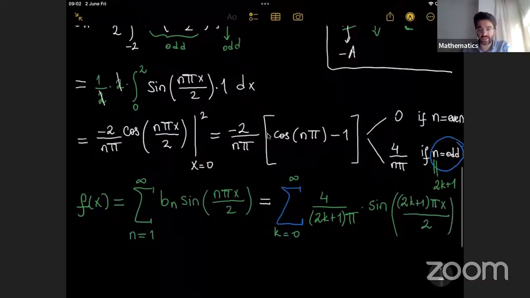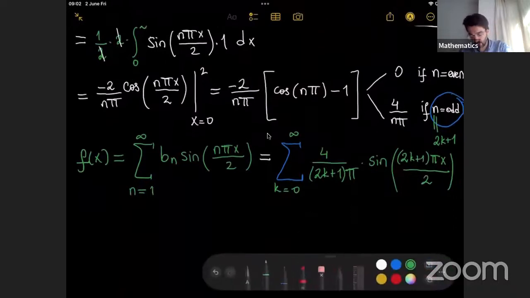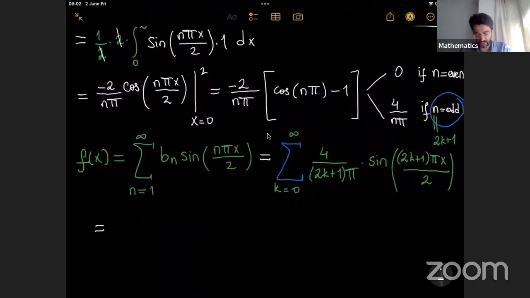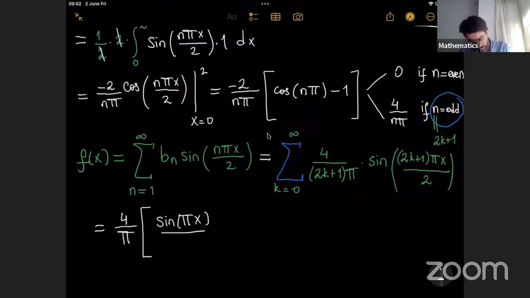But if you want to expand this a little bit, let's see what we get. When k is equal to 0, we will get 4 over pi, or you can take 4 over pi out, and you will get sine of pi x over 2.